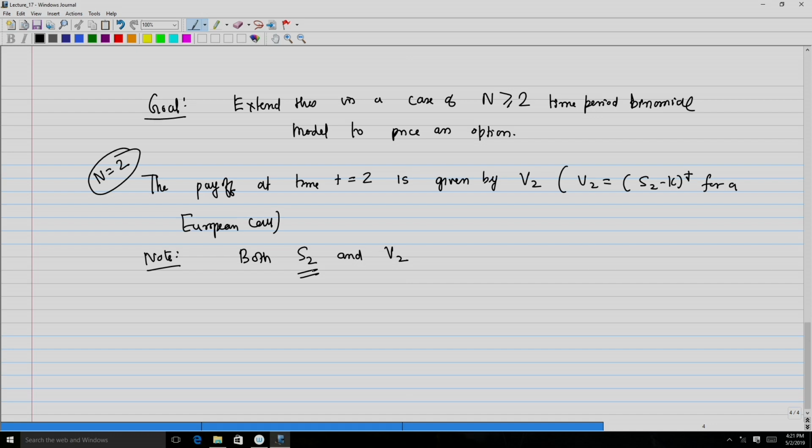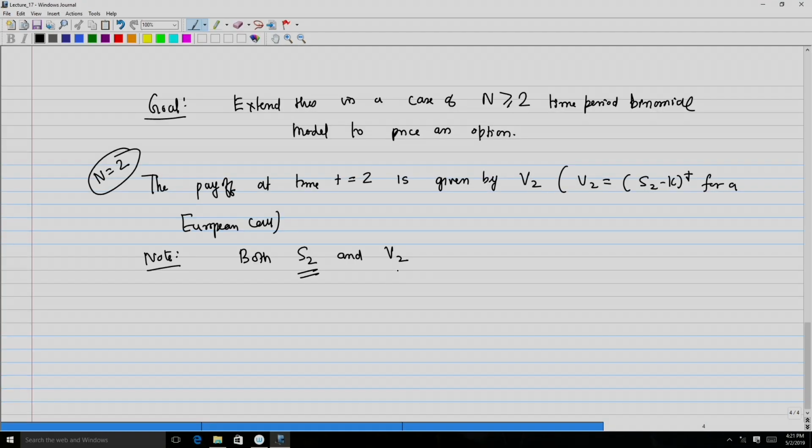So, if S 2 is dependent on the first two coin tosses, naturally V 2, the value of a derivative in a 2 period model, is also going to be dependent on the outcomes of the first two coin tosses.